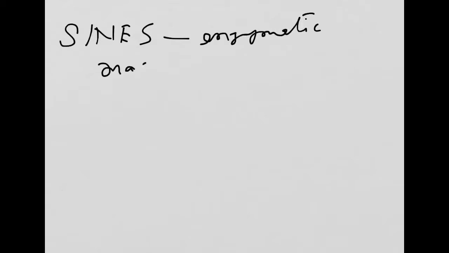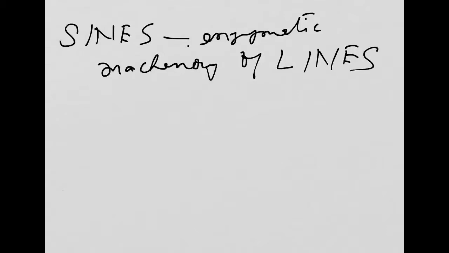SINEs need the enzymatic machinery of LINEs for transposition, because they are non-autonomous.